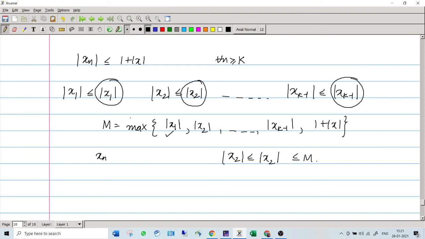Because m was the maximum of all the values taken. अगर खुद mod x2 maximum होता तो m would have been mod of x2 itself. लेकिन इसमें से suppose maximum था x5 वाला term, ठीक है? So mod of x2 is less than or equal to mod of x5 because maximum x5 था. So this will be less than or equal to m. Yes or no?